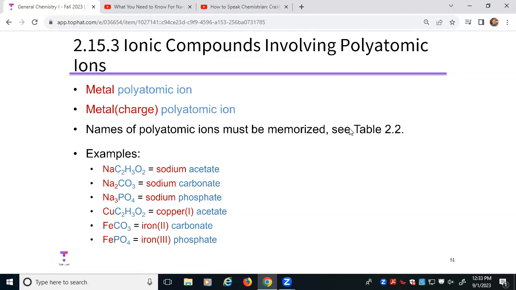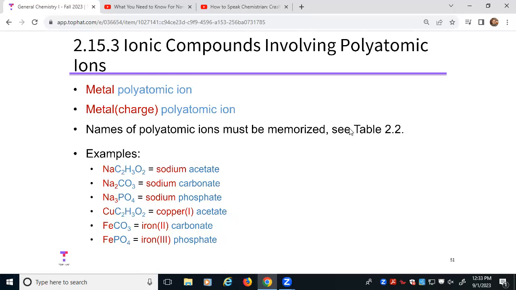Knowledge of these polyatomic ions makes a great amount of headway in terms of knowing how to name ionic compounds and knowing how to name acids. So we're not quite to acids yet, but that's coming.